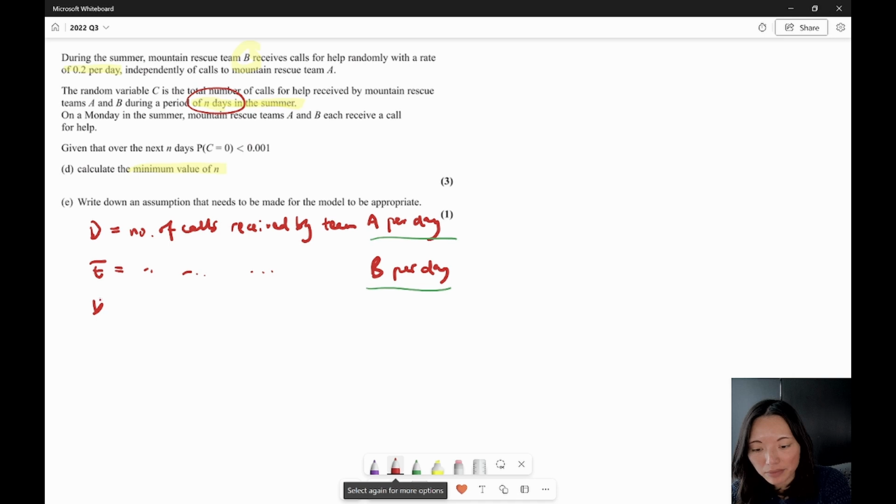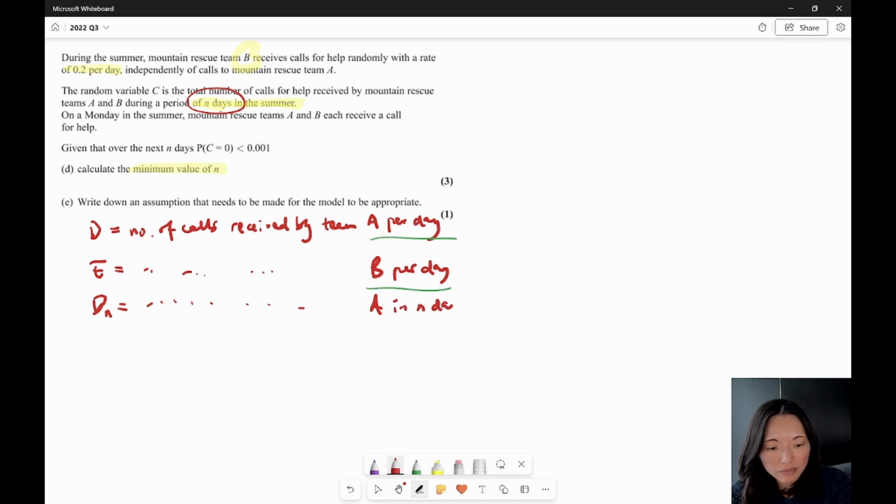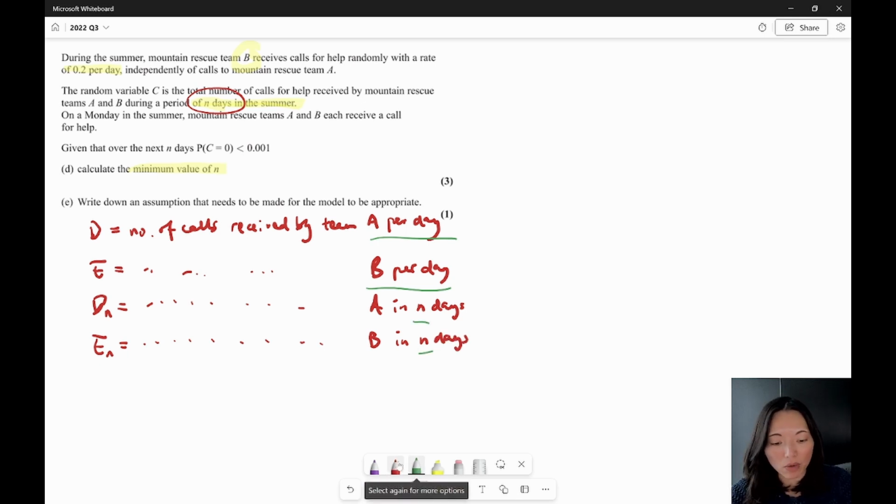So for D_n, it's going to be the number of calls received by team A in N days. And for E_n, I'm going to define that as the number of calls received by team B also in N days. So I've got the variables that I'm interested in right now.